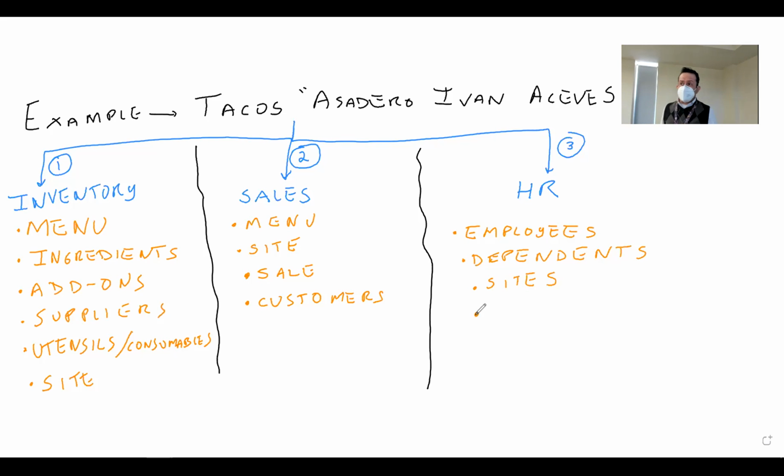There's going to be different types of employees. So, for example, Ivan is the CEO of the company. He's the highest employee, and Ivan is going to have managers. Let's say that all of you are managers in different sites. And then you're going to have employees that are going to be the cooks, the servers, etc. So there's going to be a hierarchy, and there's going to be a type of employees.